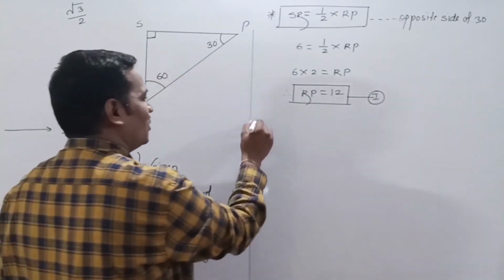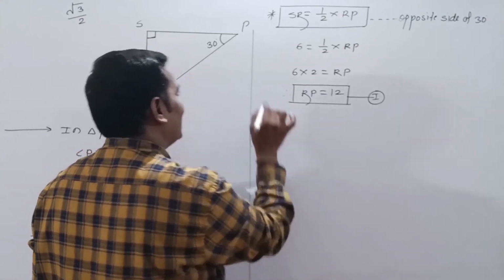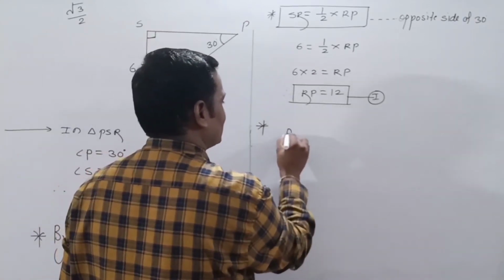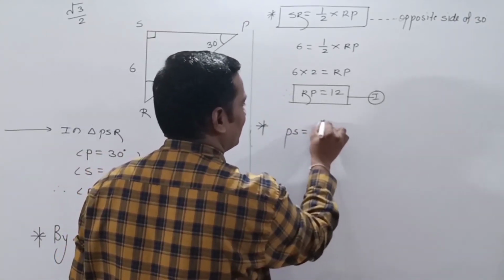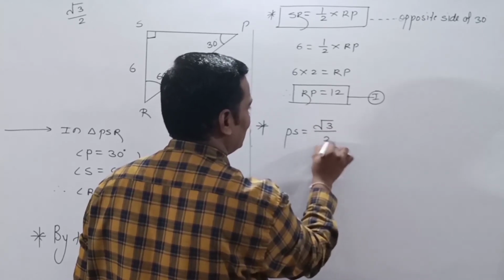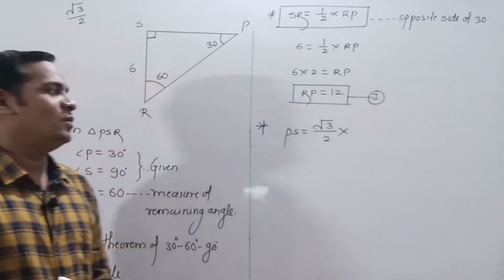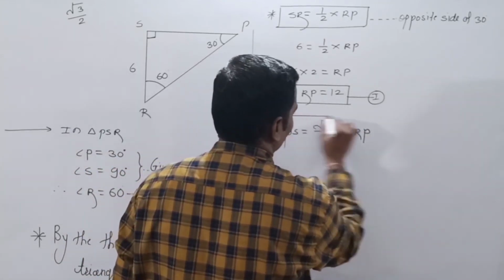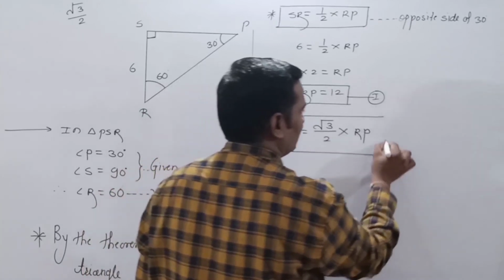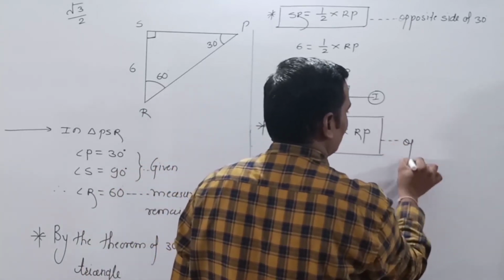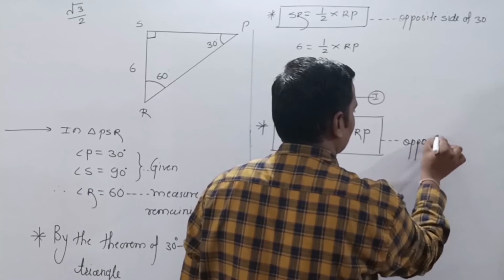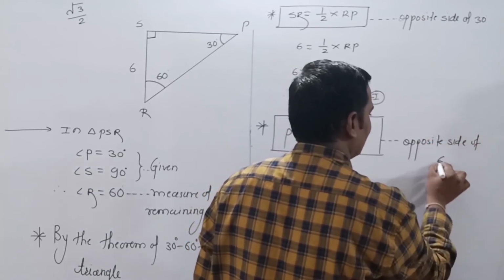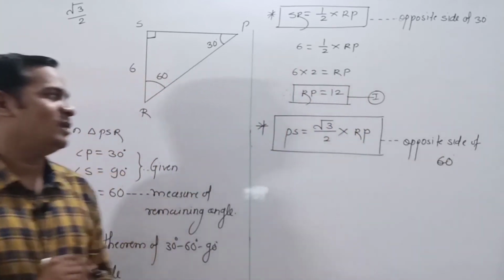So let's check how much PS is now, and that PS is the opposite side of the 60 degrees, mind you. So PS is equal to, and we know that the side opposite to 60 degrees is root 3 upon 2 times the hypotenuse, and who is the hypotenuse? RP is the hypotenuse. So again we can write that reason here: opposite side of 60 degrees.